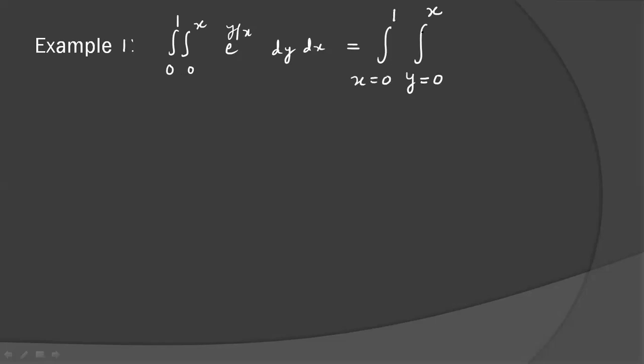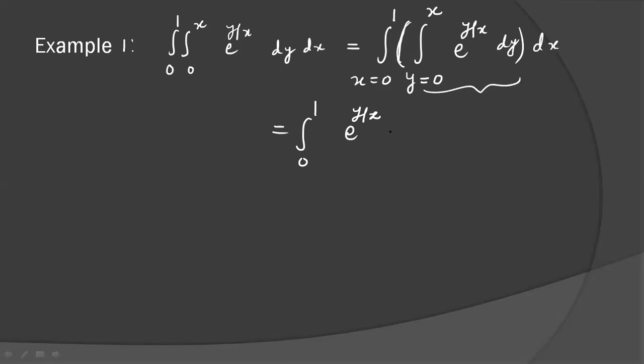It means that in the order of integration, firstly we have to integrate with respect to y because we have a variable limit in y. So e to the power y by x dy dx, and we have to integrate with respect to y here. So what will be the integration of e to the power y by x? It is e to the power y by x, and x will be treated as constant here.